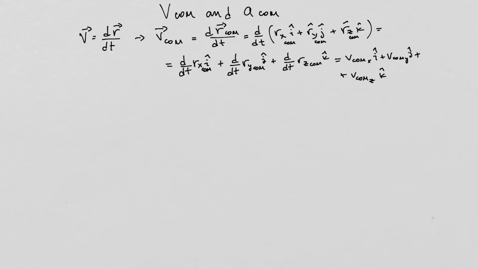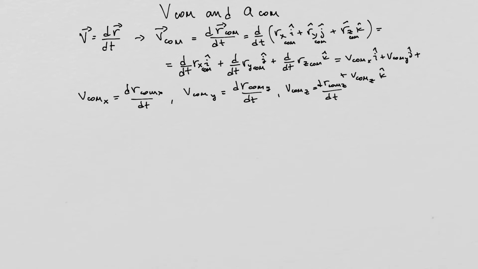And so to summarize, the components of the velocity: v COM x is d r COM x dt, v COM y is d r COM y dt, and v COM z is d r COM z dt. Let's highlight those three.